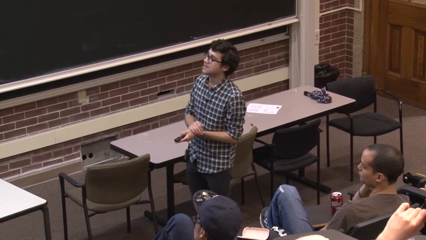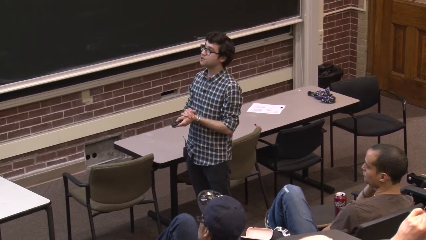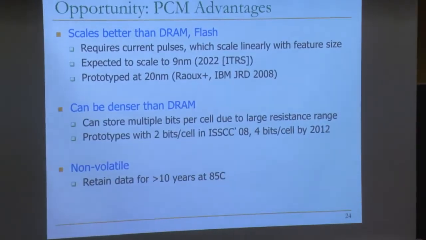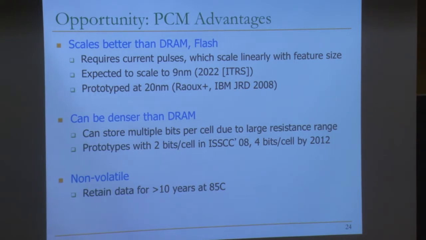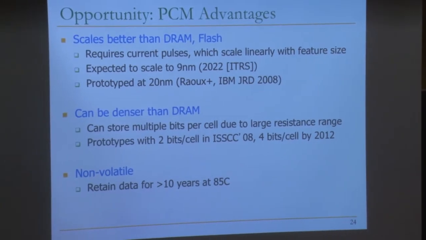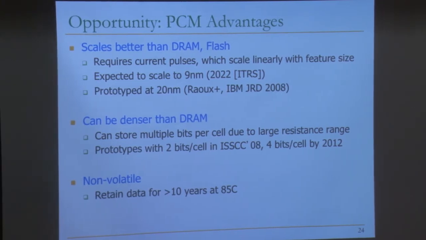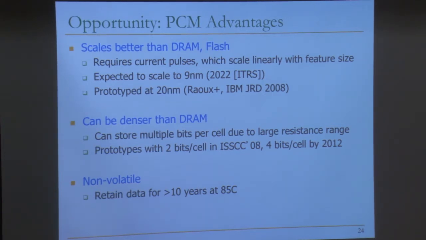And so people have built devices that store 2 bits per cell. Here's a big thing that non-volatile memory has that DRAM doesn't have. And it ties back to its name, right? It's non-volatile, so it can retain its data for a really long time. This is cool because it can actually be used like storage devices, except now your disk drive is hundreds of times faster, and we'll put that into perspective in a second.